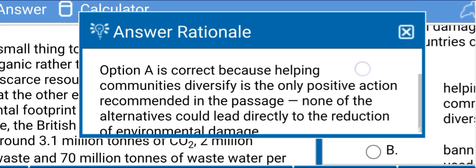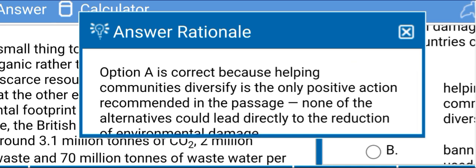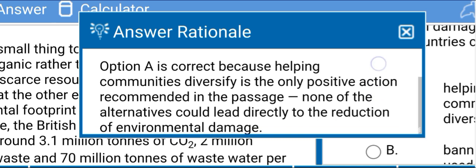So option A is correct because helping communities diversify is the only positive action recommended in the passage. None of the alternatives could lead directly to the reduction of environmental damage.